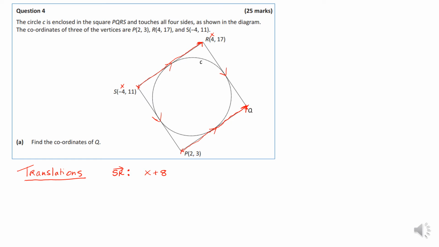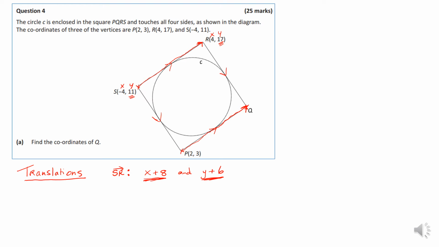And let's look at the y values. To go from point S, we're starting at 11, to point R, we finish at 17. So to go from 11 up to 17, that's a rise of 6. So to go from point S to point R, we will be adding 8 to the x coordinate, and we will be adding 6 to the y coordinate.